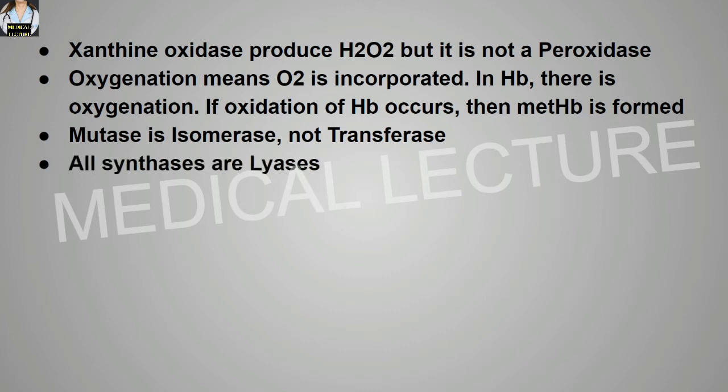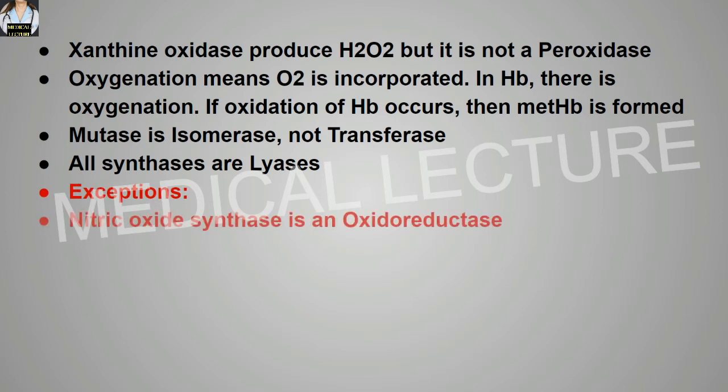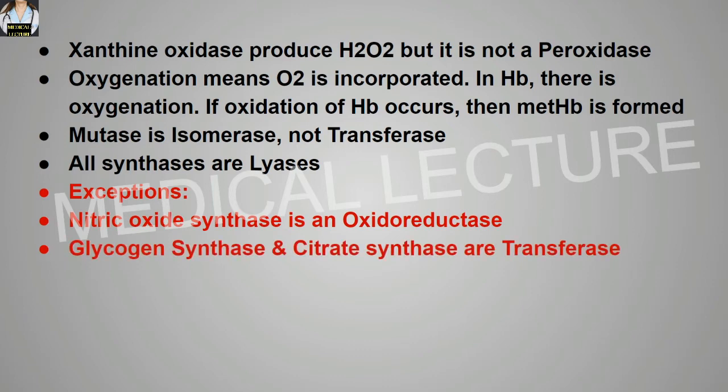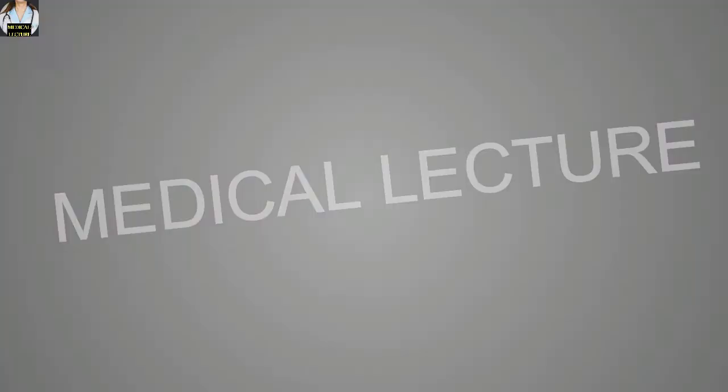All synthases are lyases. Now, what are the exceptions? Nitric oxide synthase is an oxidoreductase and not a lyase. Also, glycogen synthase and citrate synthase are transferases and not lyases. ATP synthase is a hydrolase and not a lyase.